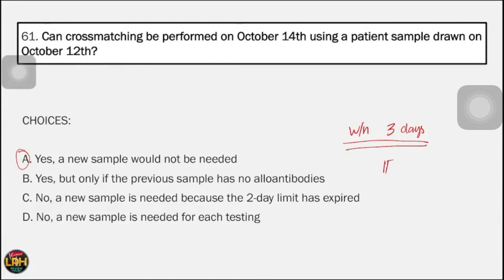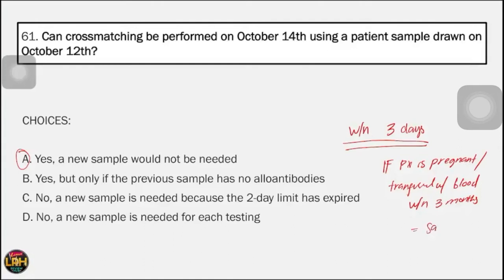So, if the patient is pregnant or has been transfused with blood within 3 months, the sample must be less than 3 days old.